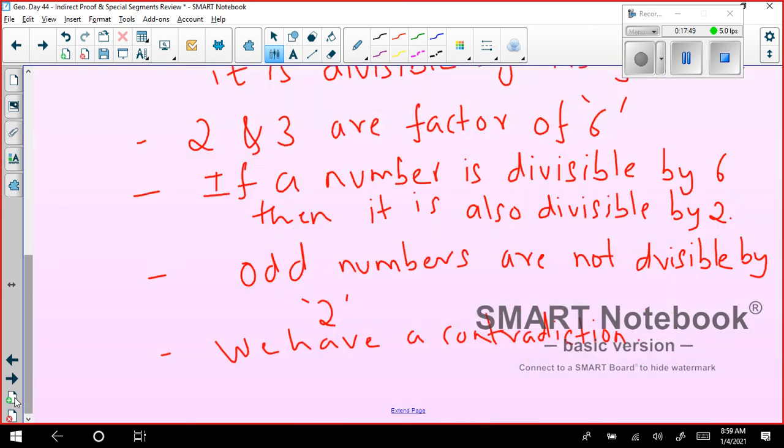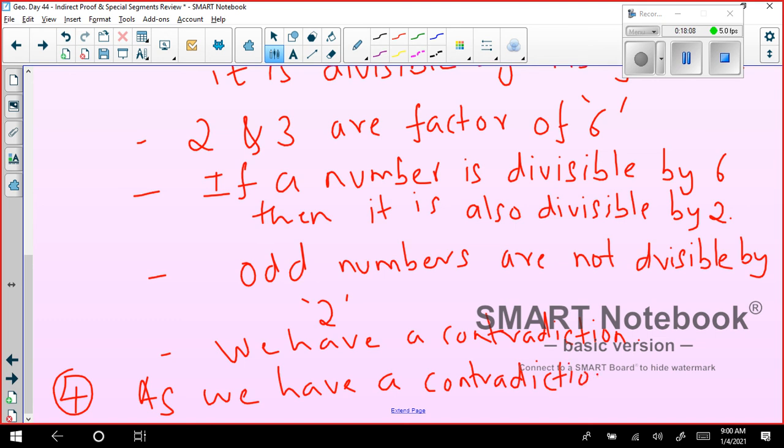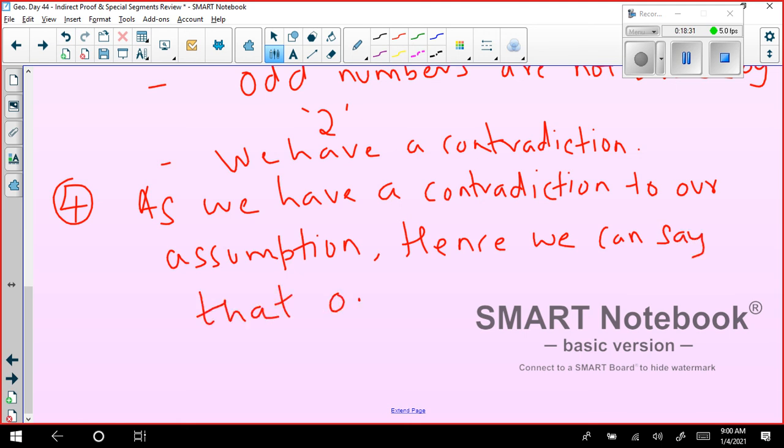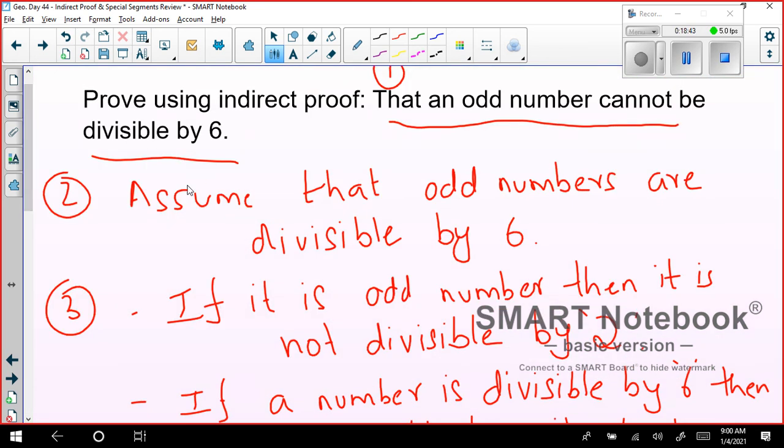So we can say in the fourth step, odd numbers are not divisible by 6.